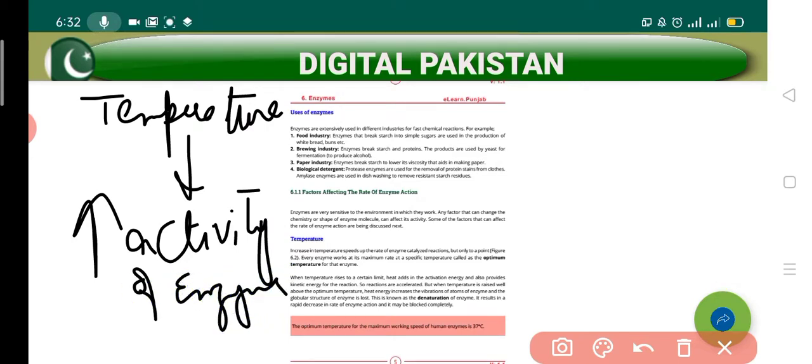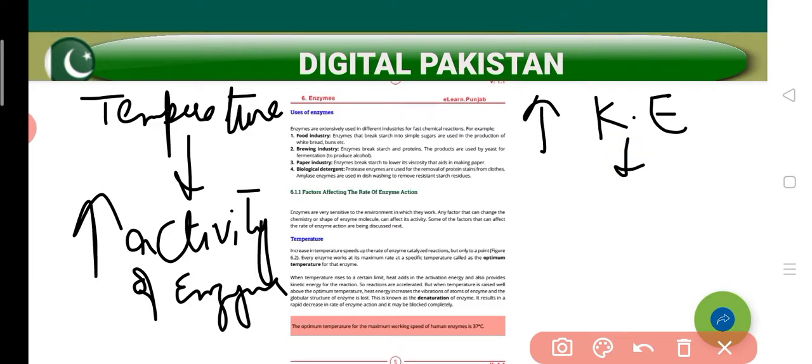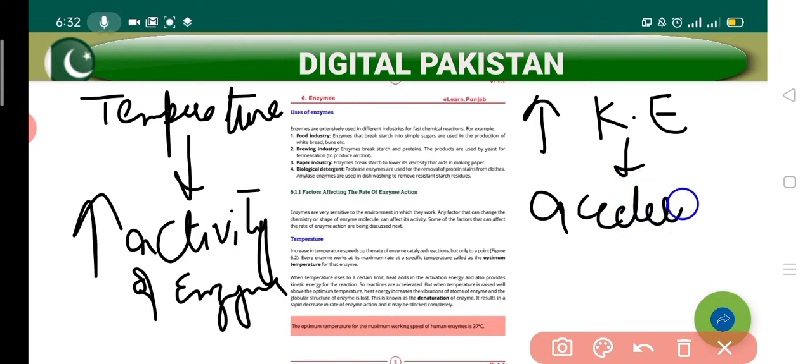Why? Because with an increase in the temperature, the kinetic energy increases. And when the kinetic energy increases, it helps in the acceleration of the reaction.